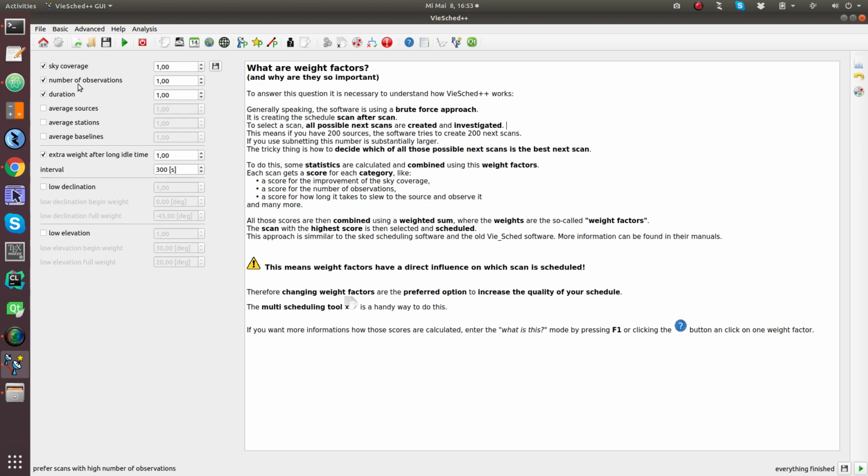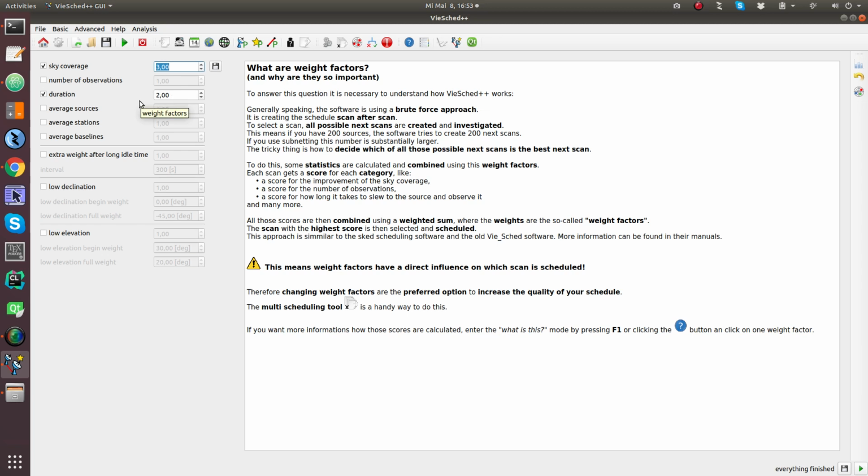For example, if I would only select two weight factors, the one for sky coverage and the one for the duration, and I define the duration with a value of 2 and the sky coverage with a value of 3, then it would simply take 3 times the score of the sky coverage plus 2 times the score of the duration of the scan, and add these two up.